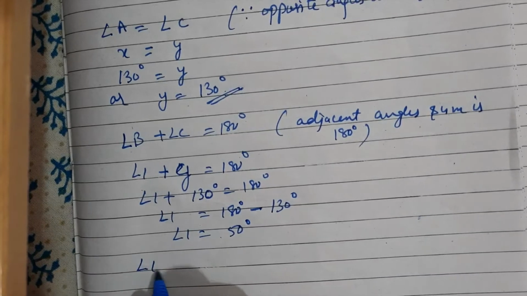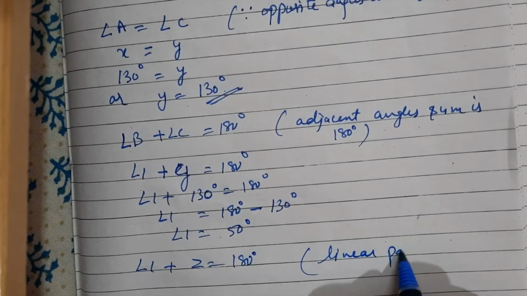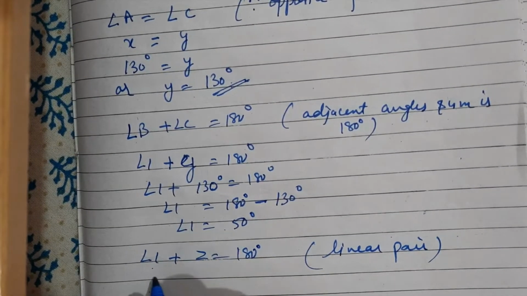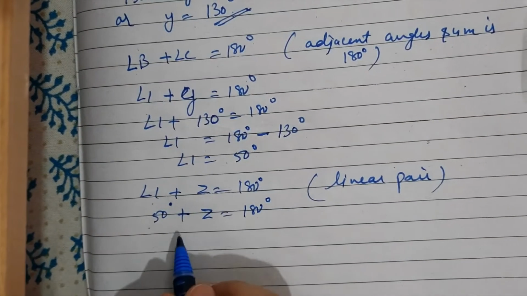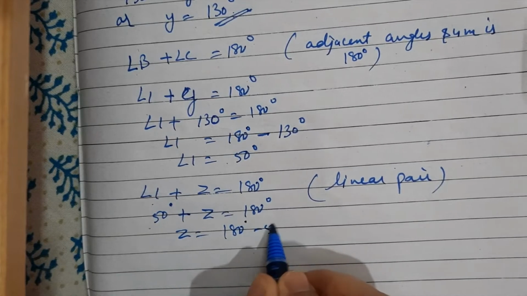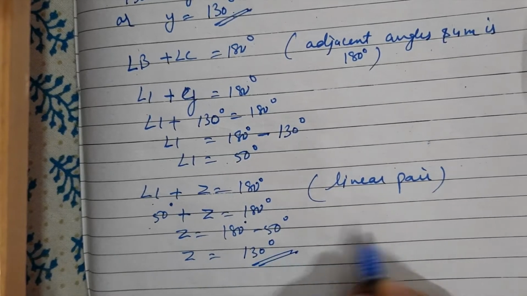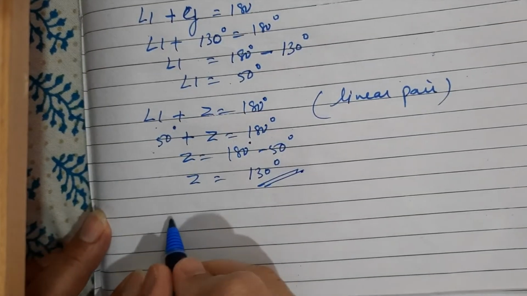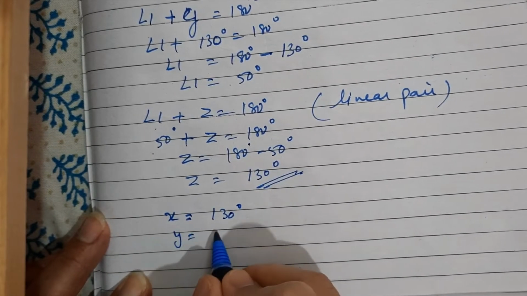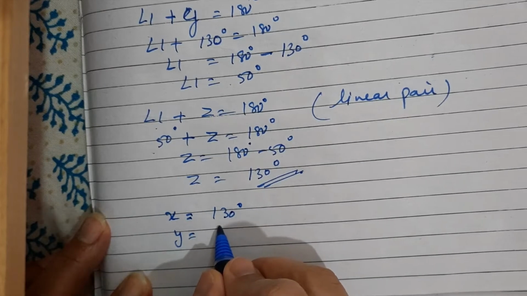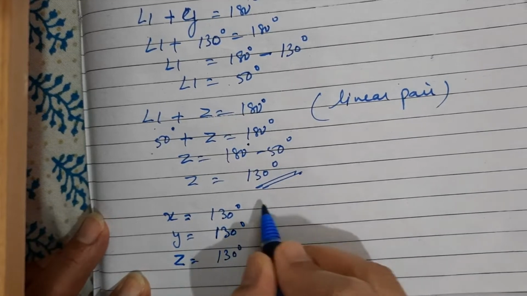Now angle 1 plus z is equal to 180 degrees because of linear pair. Angle 1 is calculated here, 50 plus z is equal to 180 degrees. z is equal to 180 degrees minus 50 degrees. z is equal to 130 degrees. So this is the third value which is calculated. Now here you can write x is equal to 130 degrees, y is equal to 130 degrees, and z is also equal to 130 degrees.